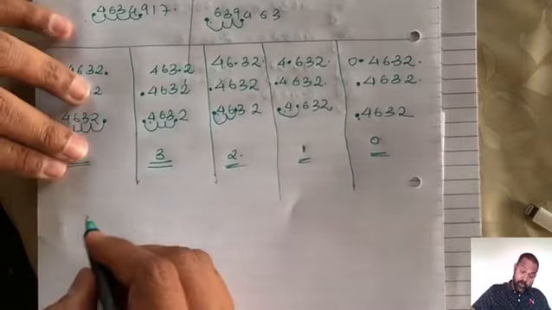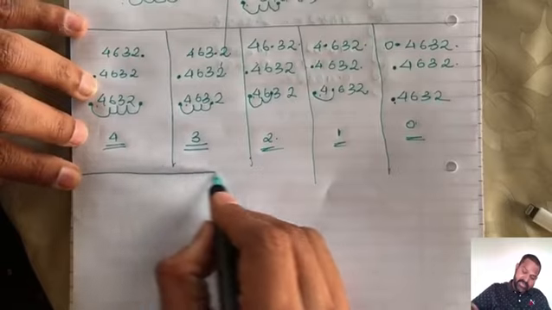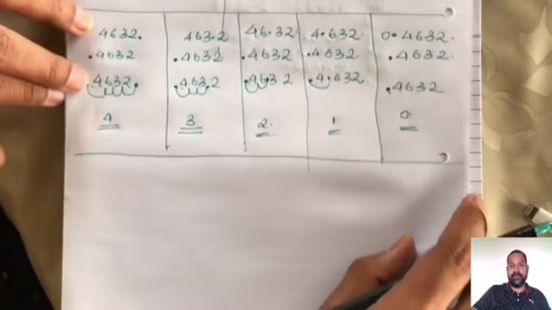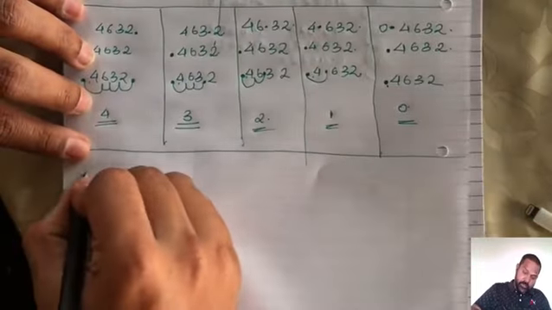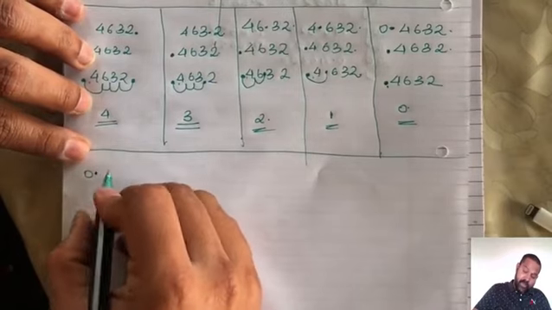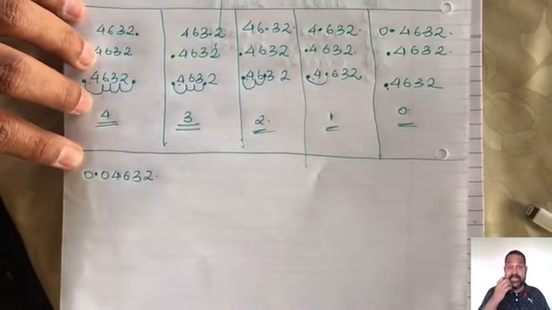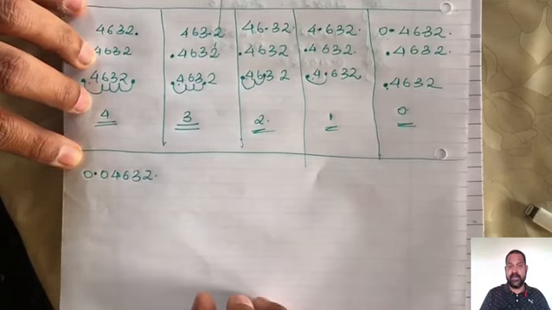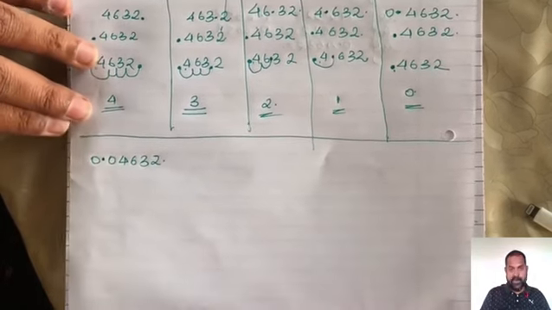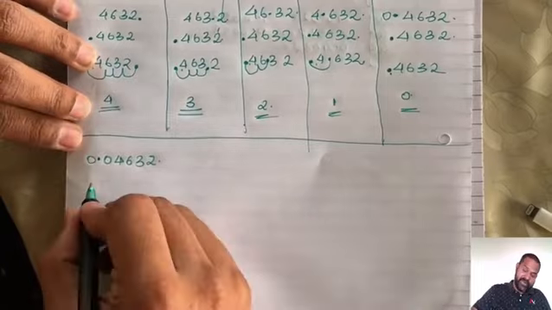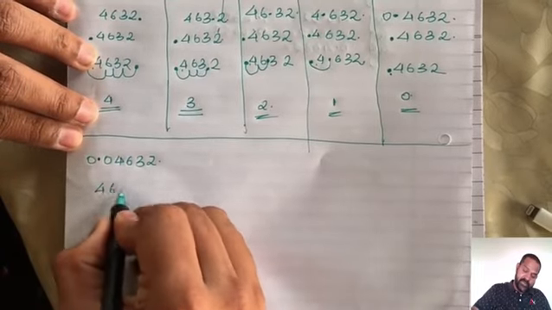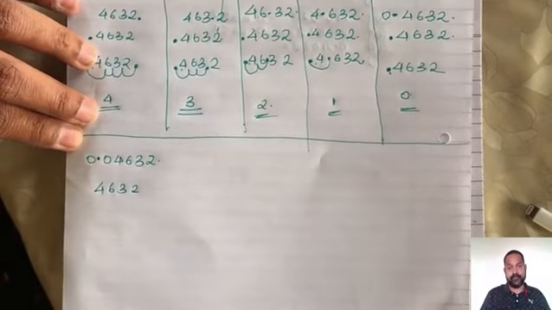And now I'm going to continue in the exact same manner. What if I ask you how many places before the decimal in 0.04632? Step 1, write the number without the decimal. Without the decimal is 4632.